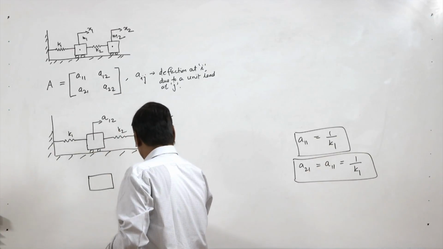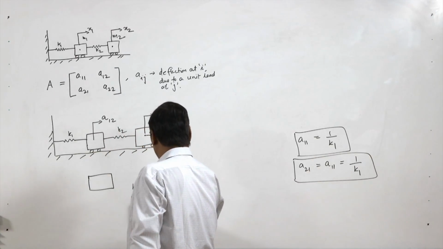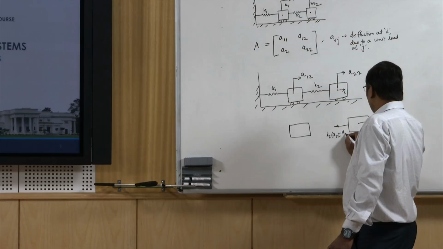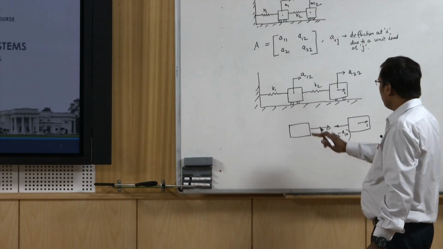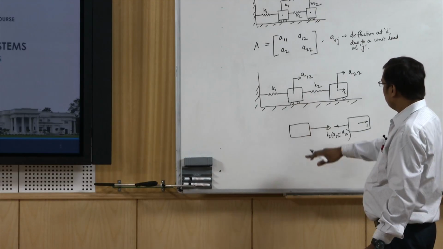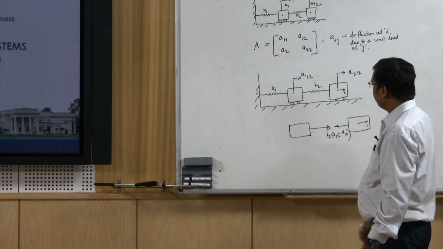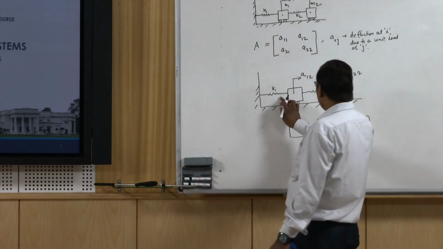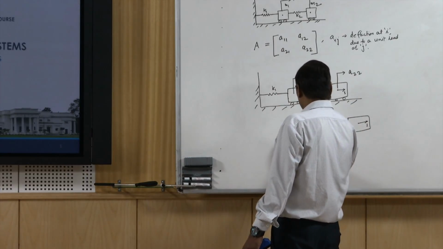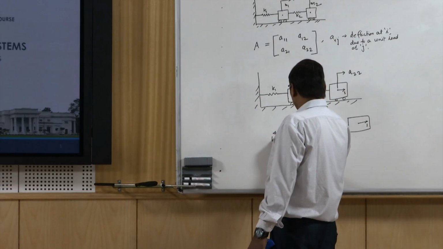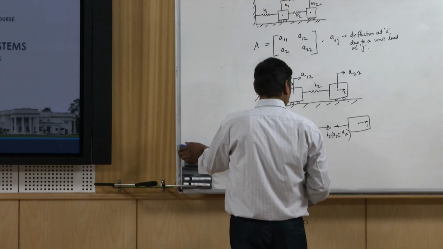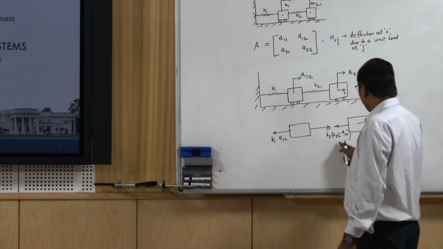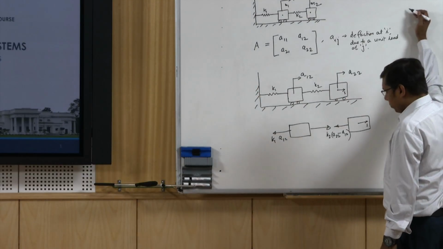Similarly this force will also work on this mass because the spring is connected to both, only the direction will be different. Now due to A12 movement, there will be a force K1 into A12. Now we apply the equilibrium equations.